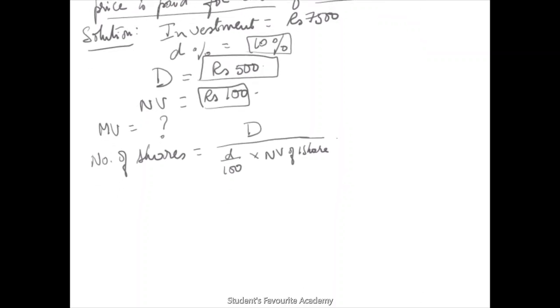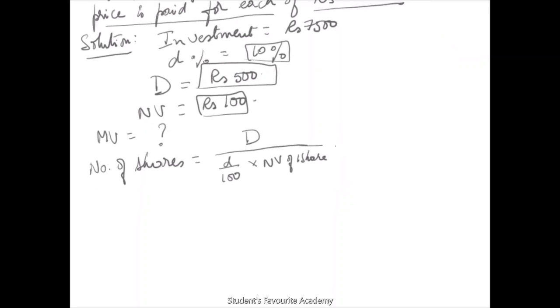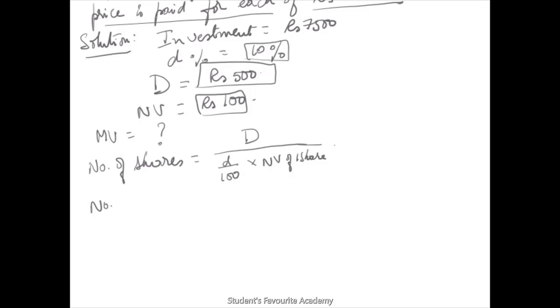So number of shares will be, what is D? 500 upon D percent is what? 10%, that is 10 upon 100. Nominal value is 100. Okay.